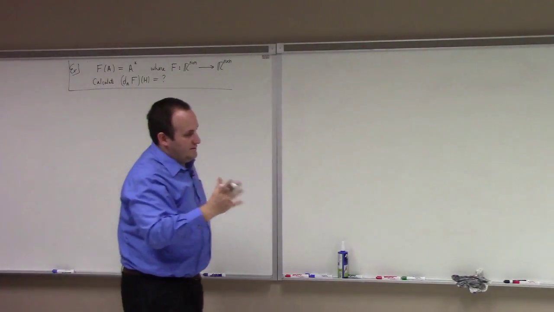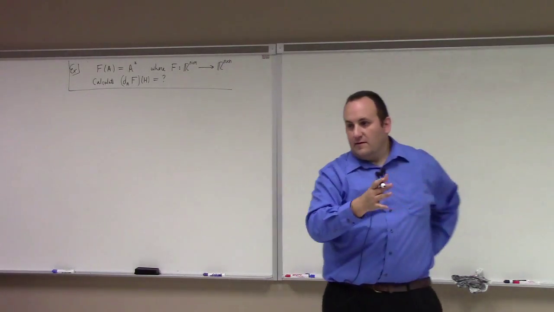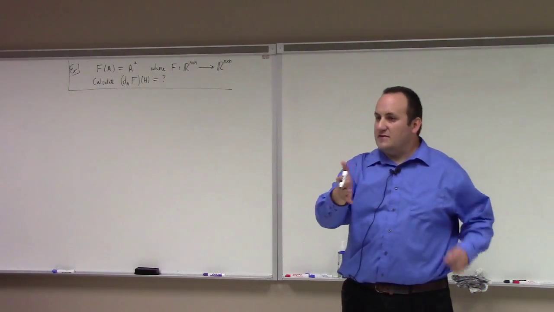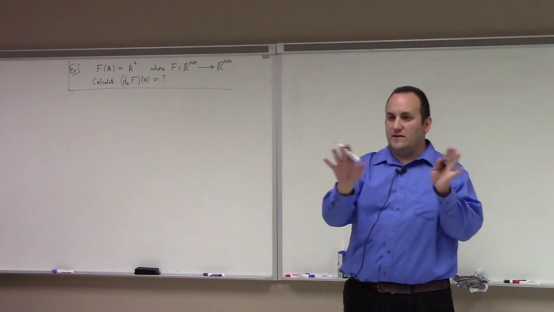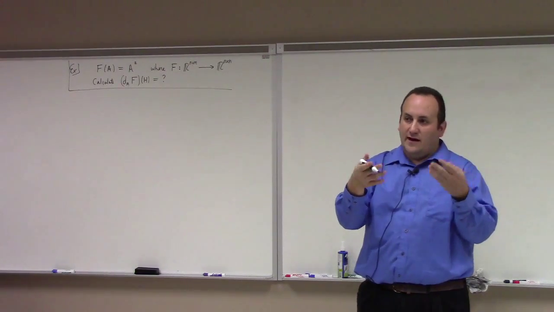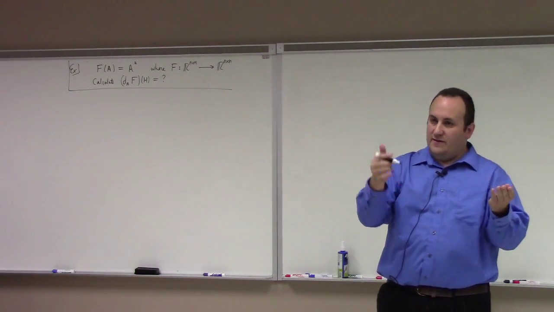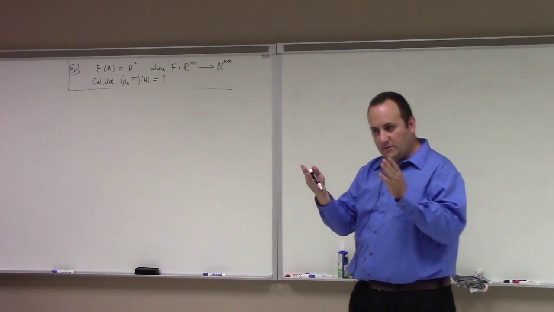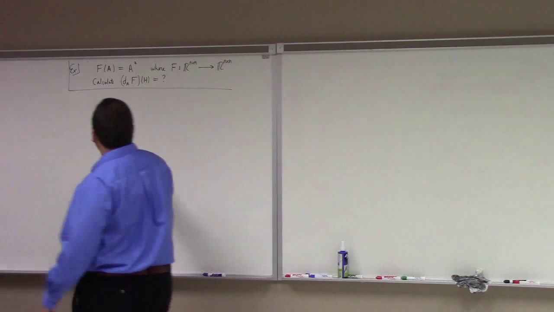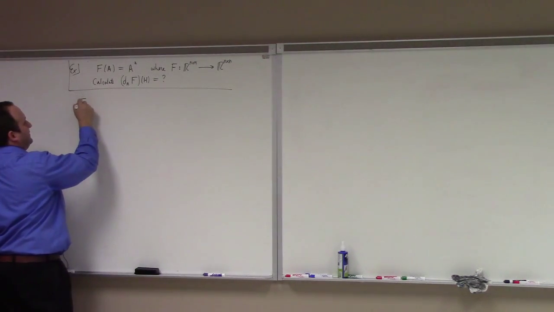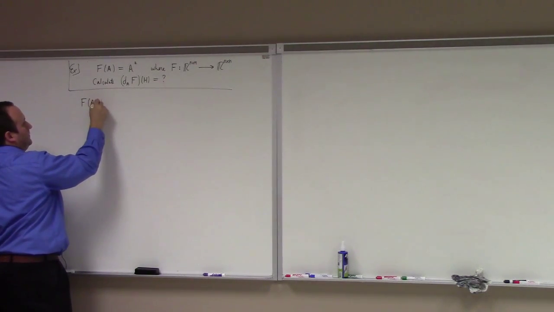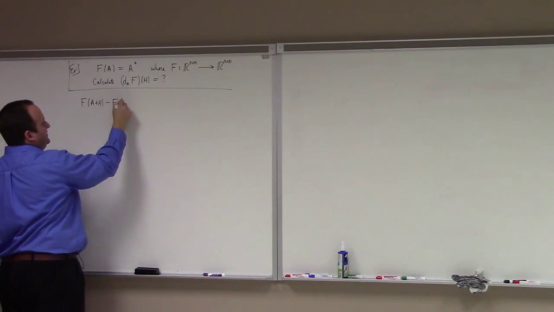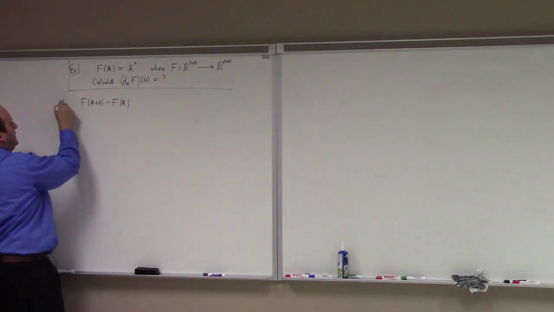Okay, so we don't have anything better to do right now except to just calculate directly the change in the function. All we have at our disposal at the moment is the definition. So we have to attack directly, calculate the change in the function, and see if you can come to grips with what that is. So what do I have to look at? I look at f of a plus h minus f of a, right? That's the change in the function at the point.